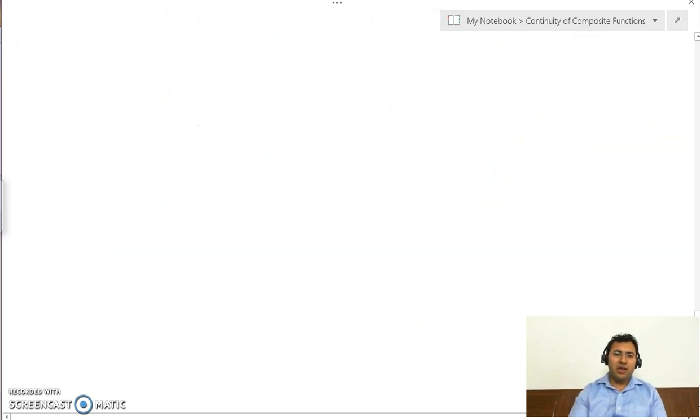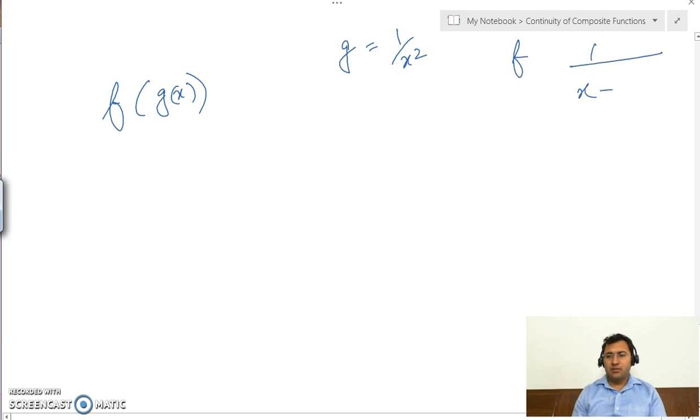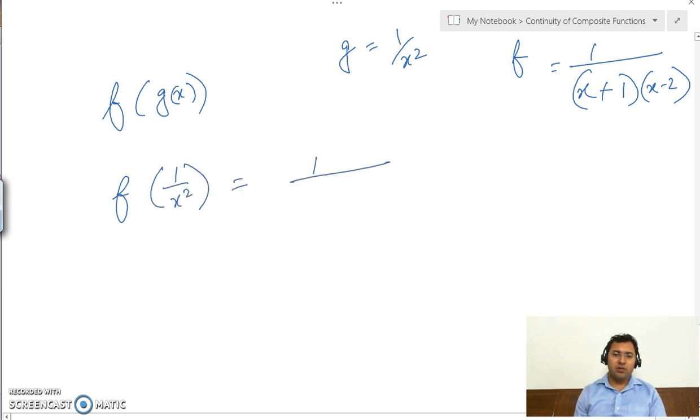Let us write f of g(x). The g function is 1 by x square and the f function is 1 upon (x plus 1)(x minus 2). So f of g(x) will be equal to f of 1 by x square, which becomes 1 upon (1 by x square plus 1) into (1 by x square minus 2).